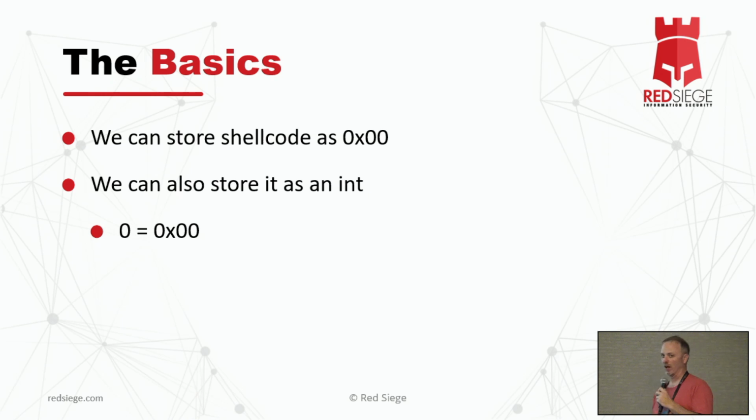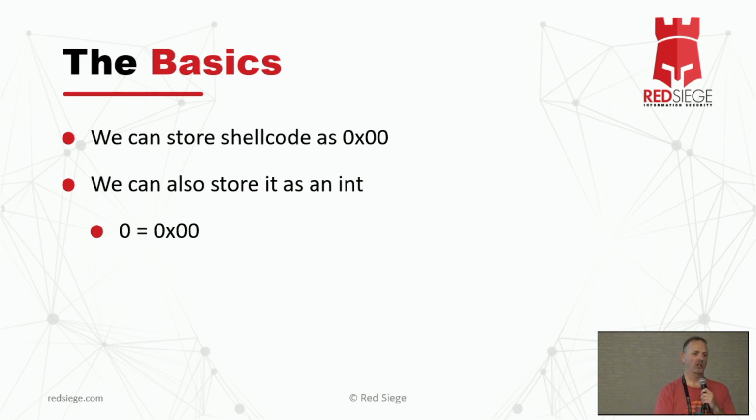Okay, how does it work? This is even more needlessly complex than it needs to be, but stay with me for the ride, because I didn't realize this until I was explaining it recently. We normally write our shellcode as hex characters. If we want to put in a 0, we put in 0x00. If we want to put in 255, because we start numbering at 0, for our 256th character, we put in 0xff.